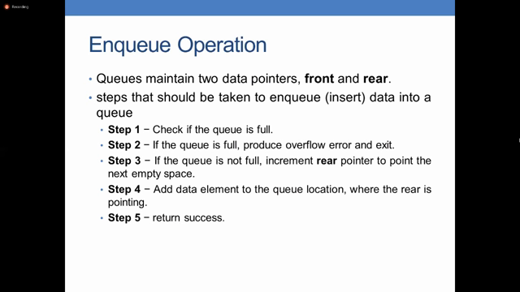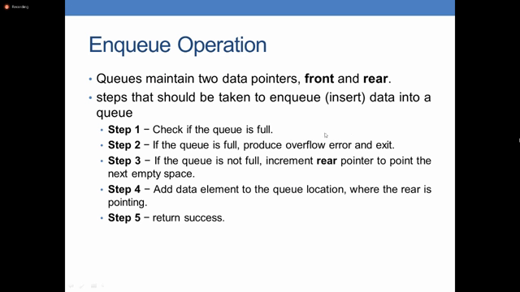When we are using the queue, we use two pointers with the queue. One is the front and the other one is the rear. Then, stepwise, if we want to enqueue, first check if the queue is full.